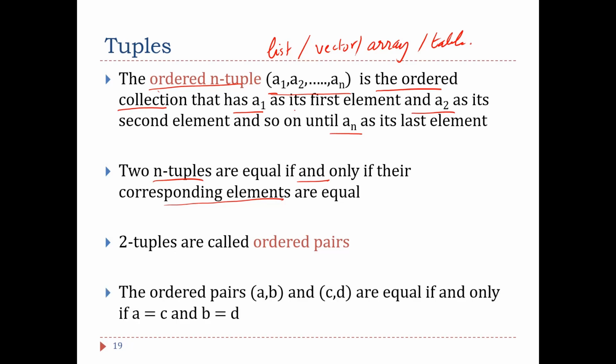As an example of the equality of tuples, the tuples (a, b) and (c, d) are equal if and only if a is equal to c, the first element in the first tuple is equal to the first element in the second tuple, and the second element of the first tuple is equal to the second element in the second tuple, that is, b is equal to d.